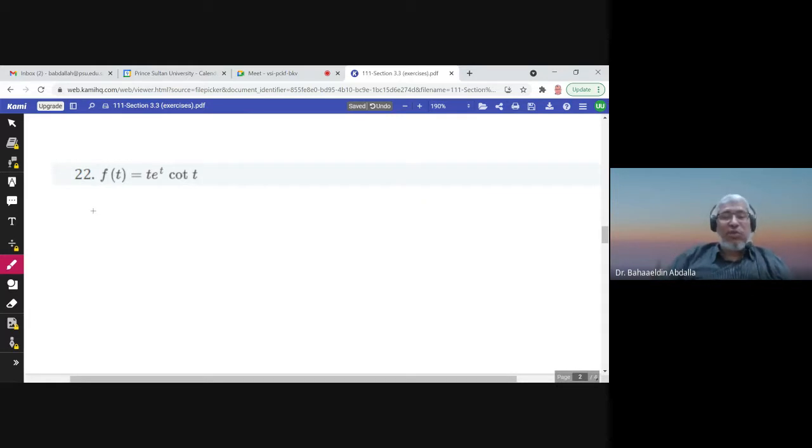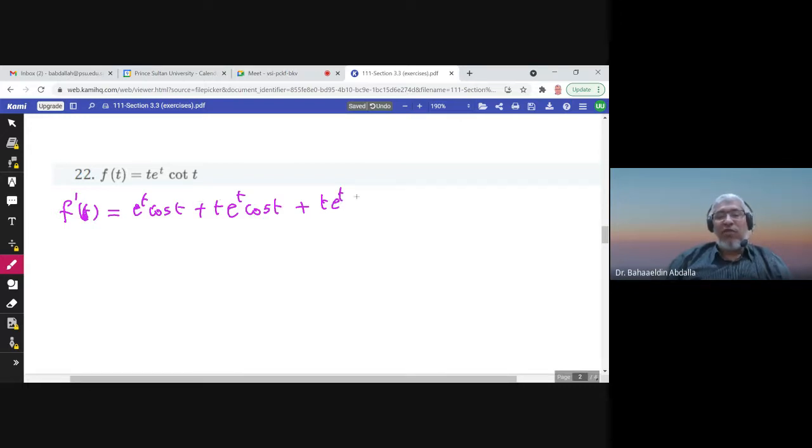The next question, I have a product of 1, 2, 3 functions. To find the derivative of a product of 3 functions, I extend the formula of the product of two functions. So first, what is the derivative of t? It is 1 times e^t times cosine t without a change, plus now t as it is. And the derivative of the second function, which is e to the power t, is the same, times cosine t, plus t without change.